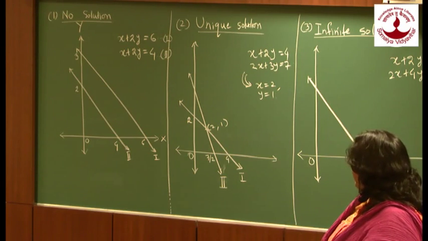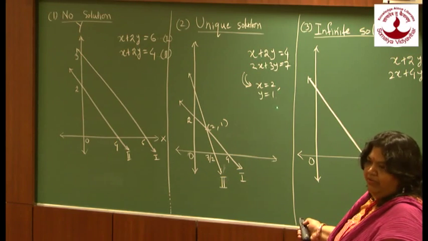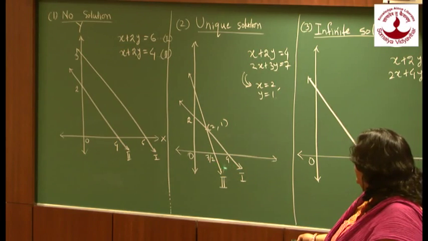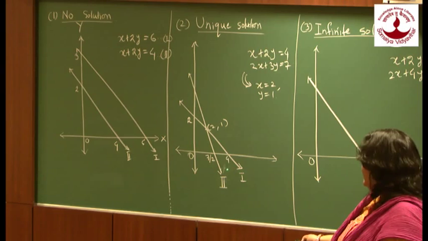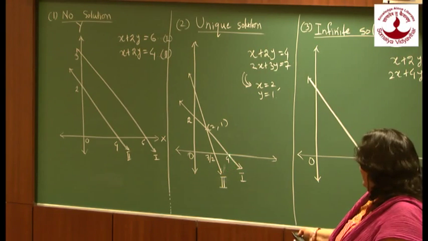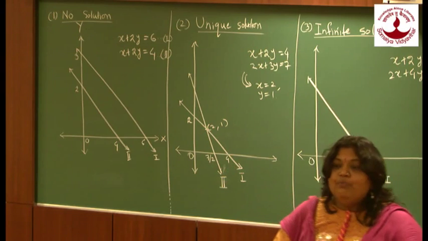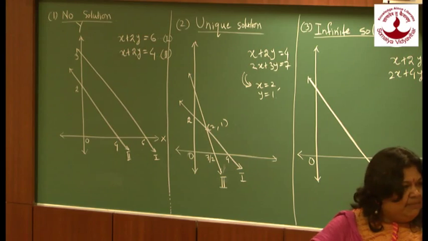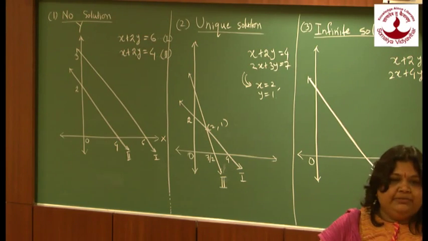Plot the first line, put x equal to 0 and you get the value of y, and y equal to 0 and the value of x. So these are the 2 lines which are plotted, which represent the first equation and the second equation. They intersect in one point here. That point is common to both. Correct? The point of intersection is a point common to both the lines. So that is a solution.